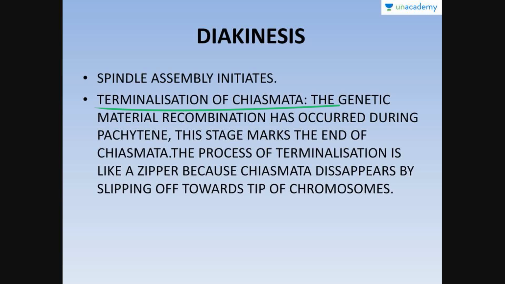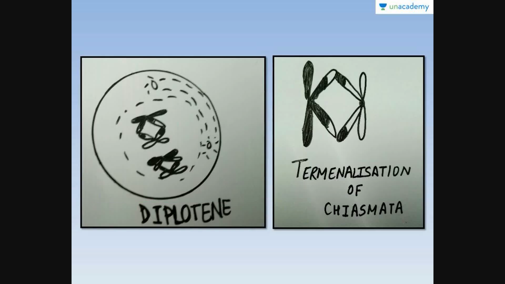Chiasmata were formed, and terminalization is a zipper process. Just like a zip opens, terminalization also occurs. Basically the chiasmata disappear by slipping off towards the tip of the chromosome. First it was stuck over here, then here, then finally towards the tip of the chromosome, and finally you will see that these two split from each other.